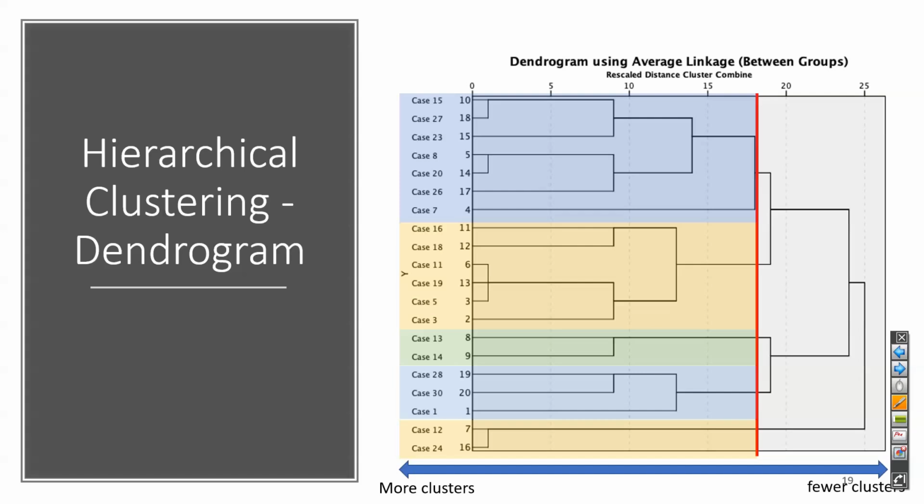So this way I will be able to put people into 4 groups. If you want to put people into more groups, I simply move the red line to the left-hand side. Then I will have more groups with fewer people in them. So by moving this line, you can determine how many clusters you want to have.